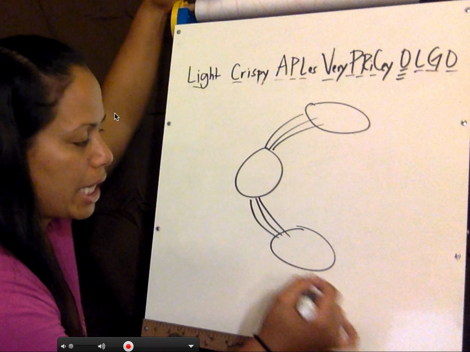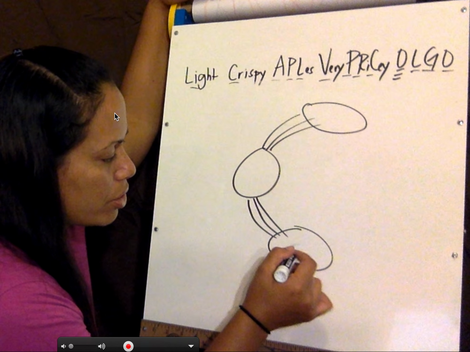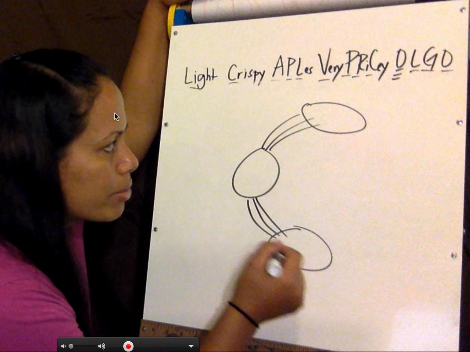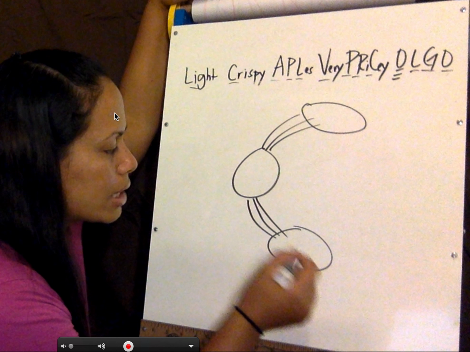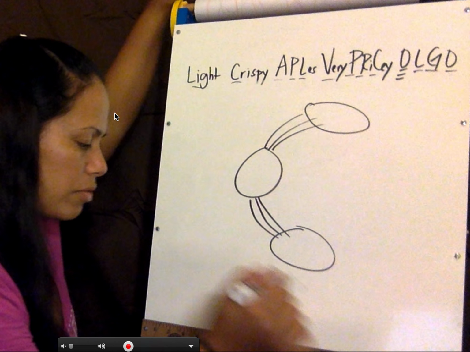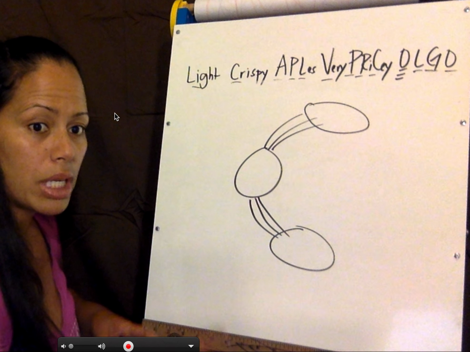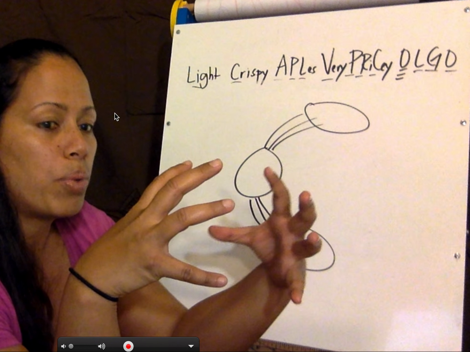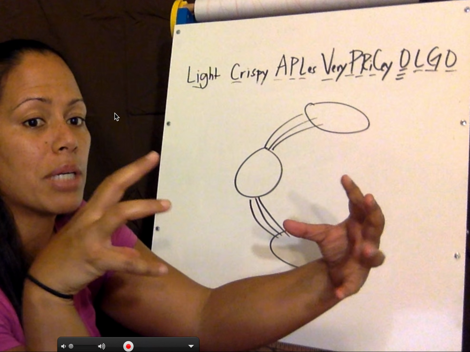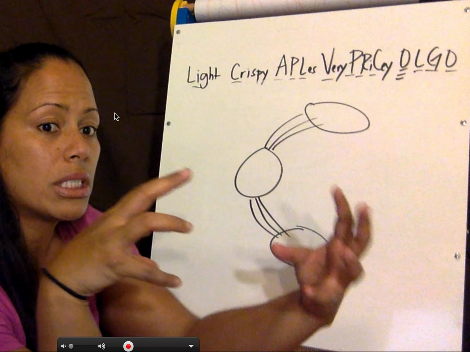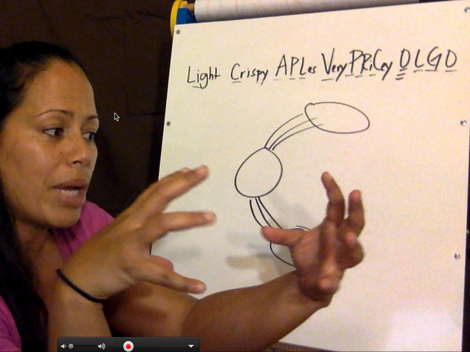So the ciliary body has the muscles that either contract or relax to cause tension on these fibers that attach to the lens. Fastest way to think of it, if I have a balloon and I pull on the balloon, what happens to the balloon? It becomes flatter. So if I want to see far, I'm going to cause tension inside of these fibers to cause the lens to become flattened.